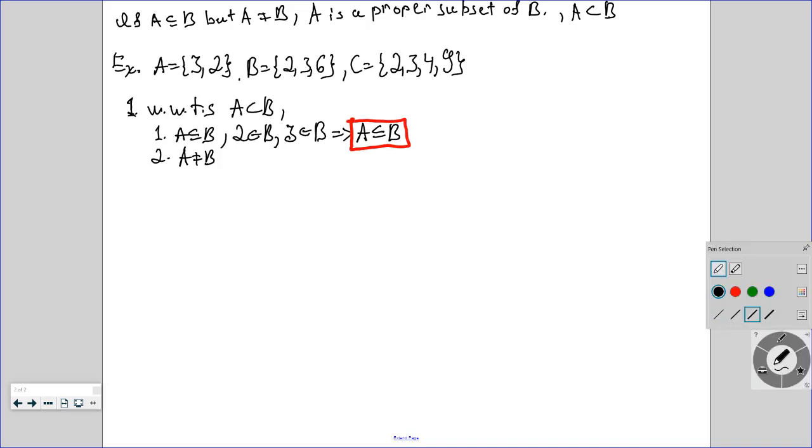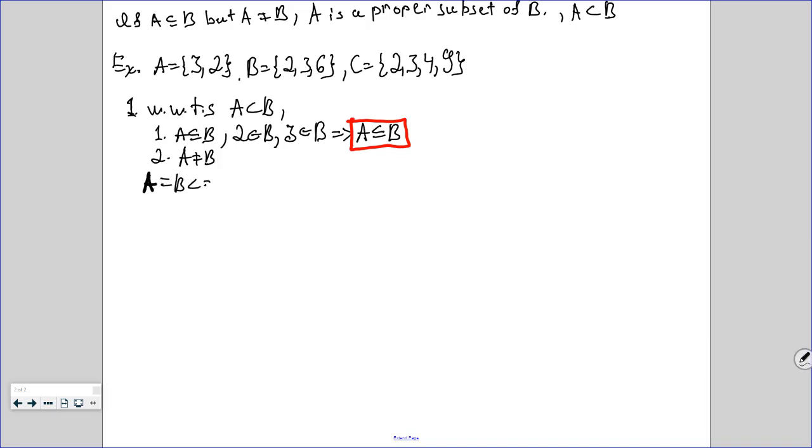Now, if you remember the definition of equality, set A equals set B if and only if A is a subset of B and B is a subset of A. So if one of these expressions is not satisfied, then we don't have equality.